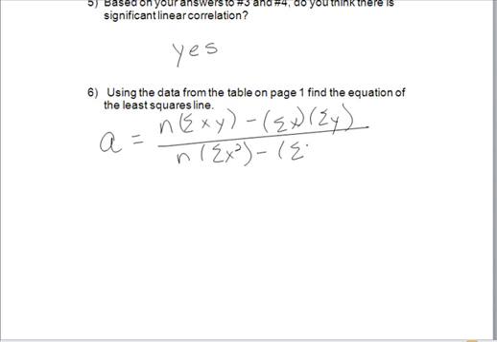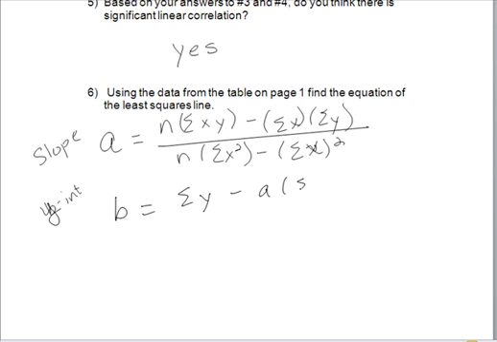And this is going to be the slope. The b-intercept, or the y-intercept I should say, will be the sum of the y's minus a times the sum of the x's divided by n. And again, n is 5.